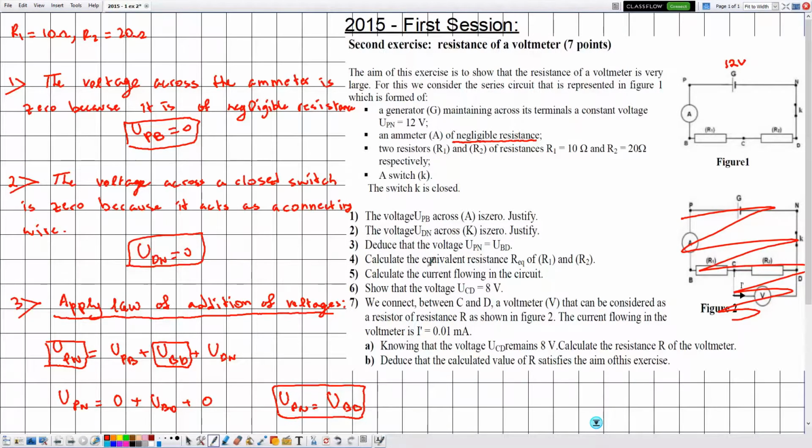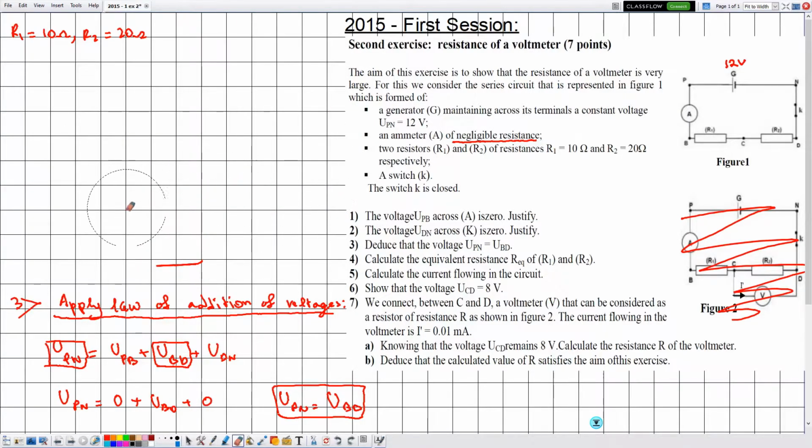In part 4, they are telling me to calculate the equivalent resistance Req of R1 and R2. Whenever we need to calculate the equivalent resistance, we need to mention whether the two resistors are in series or in parallel.